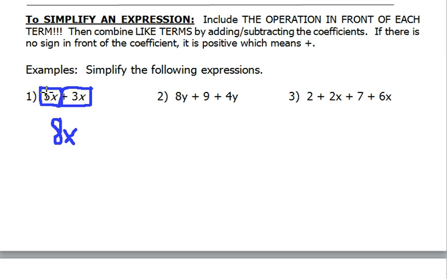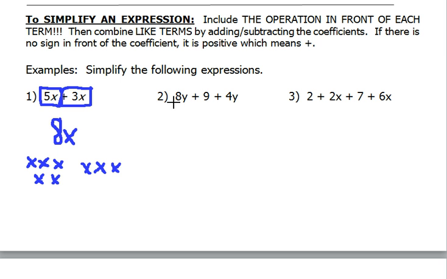It's the same as if I said, okay, I have 5 x's right here, 1, 2, 3, 4, 5, and then I'm going to add 3 x's to that, 1, 2, 3. When I add them all up, I have 8 x's. But instead of drawing all these x's out, there's a way that I can combine like terms here, 5 plus 3, by adding the coefficients.